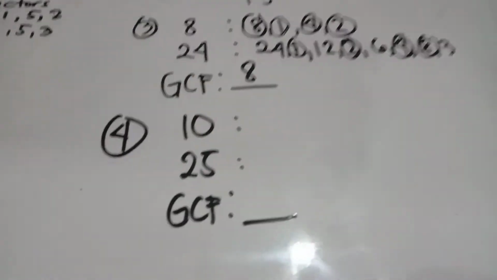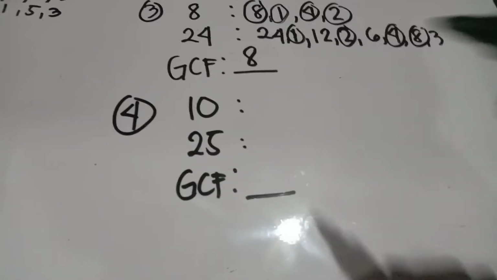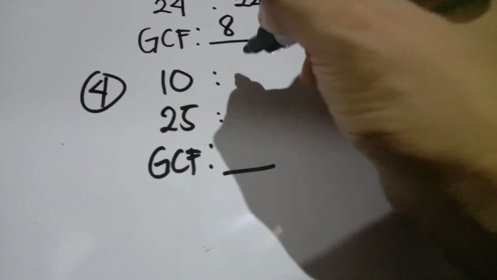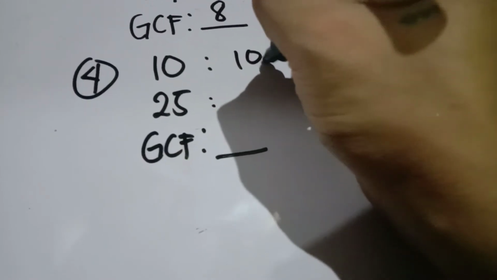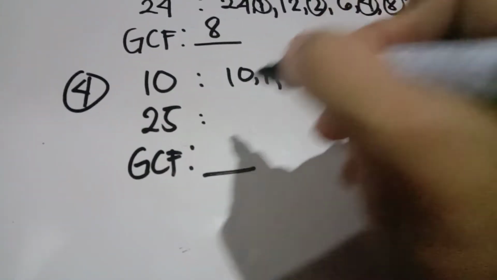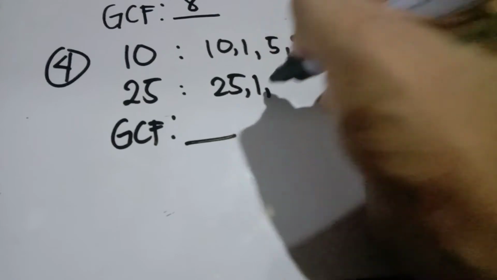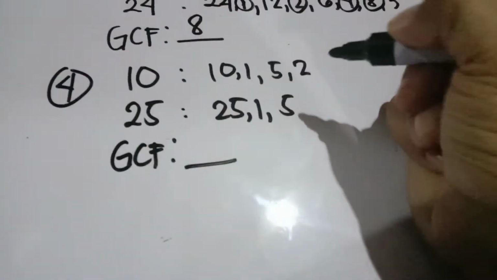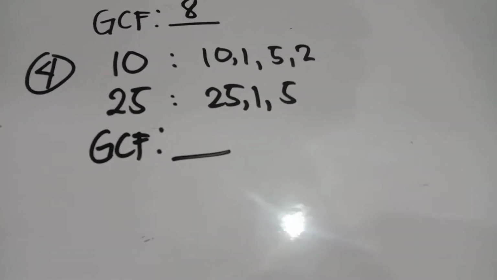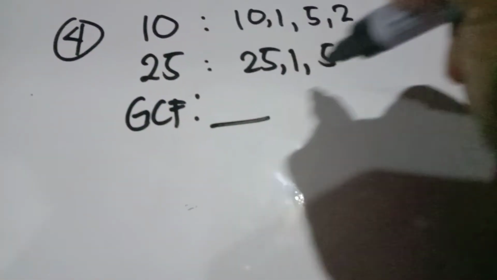Unang gagawin, first thing to do is, list down all the factors of 10. So what are the factors of 10? 10 and 1, 5 and 2. How about 25? What are the factors of 25? 25 and 1. What else? 5 times 5.